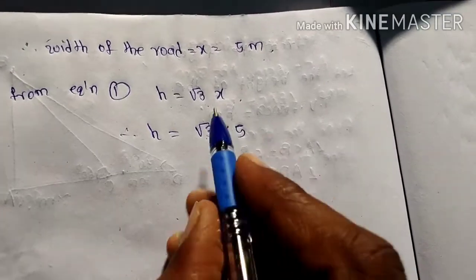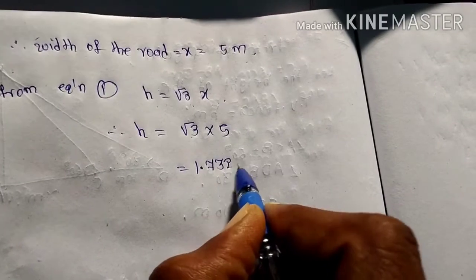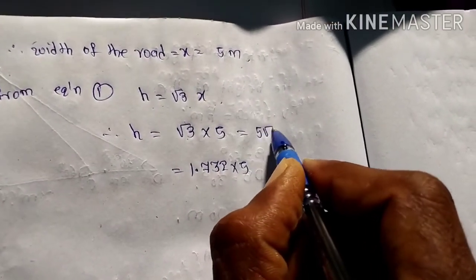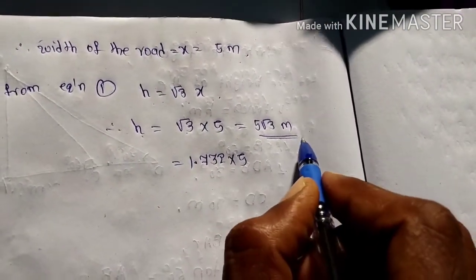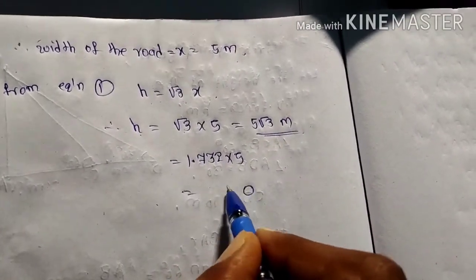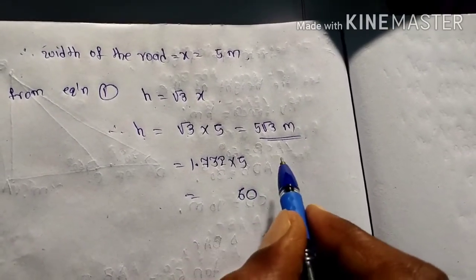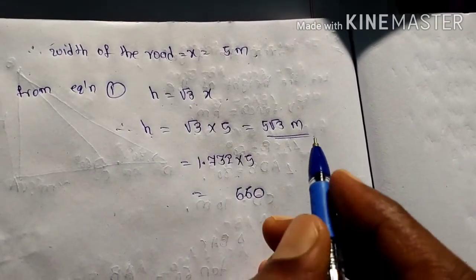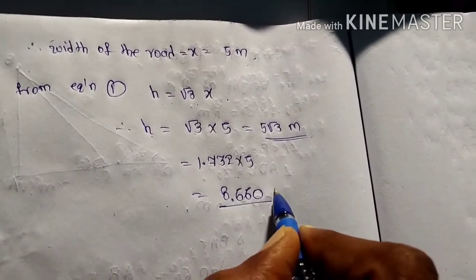Root 3 value is 1.732. You can substitute 1.732 into 5. If possible, you can write it as 5 root 3 only. Height of the tower is 5 root 3 meters. If you want to simplify, 5 times 1.732 is 8.660 meters.